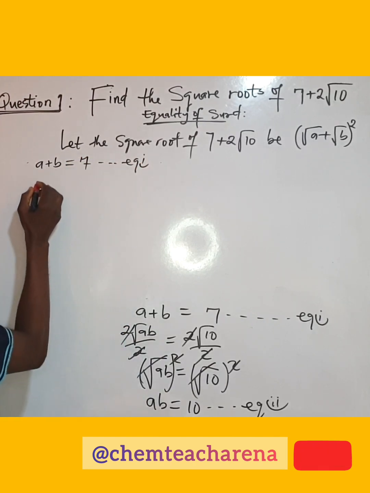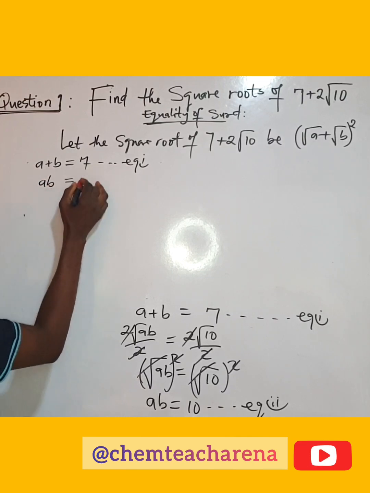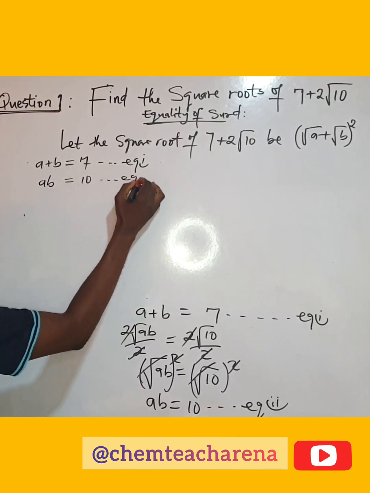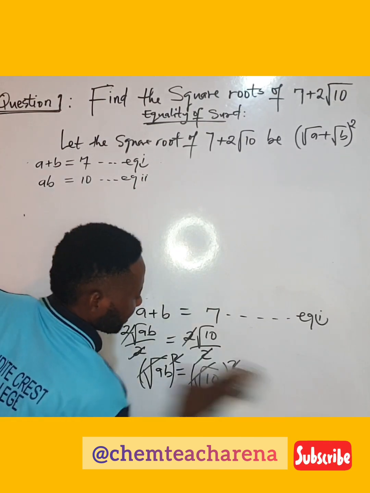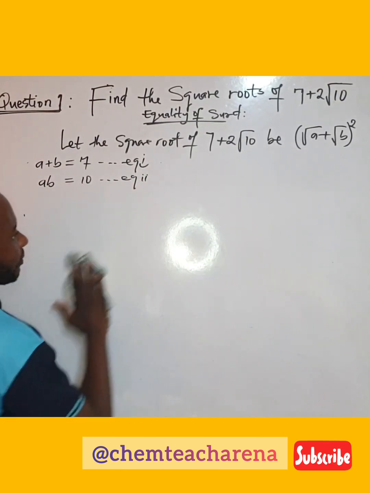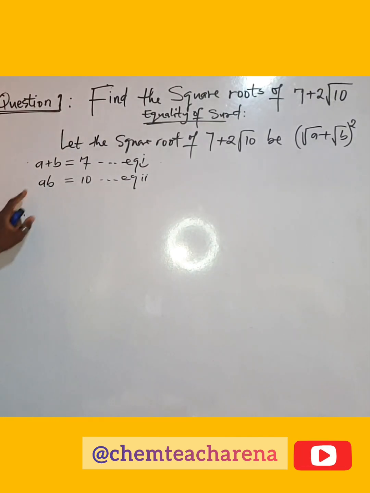Equation 2, we have ab equals 10, equation 2. Okay, so I can erase now. Now we have our equation 1 and equation 2.